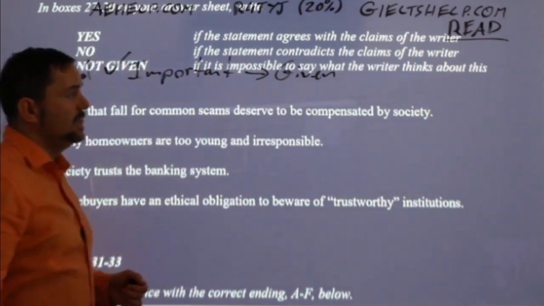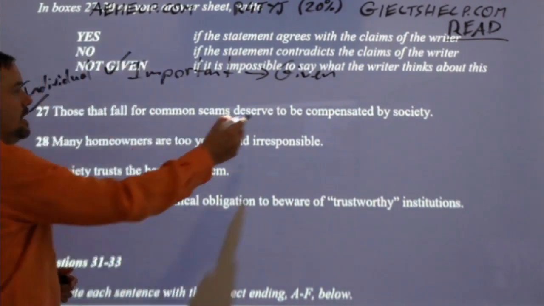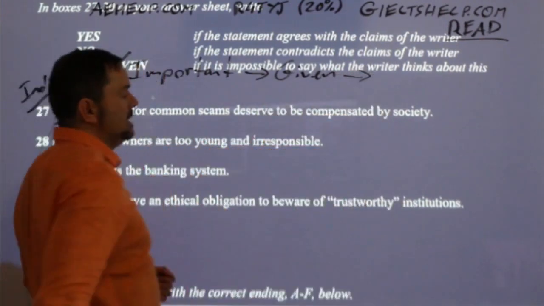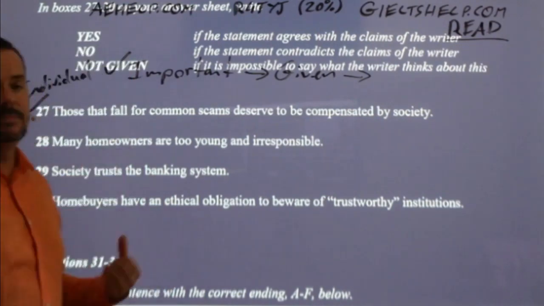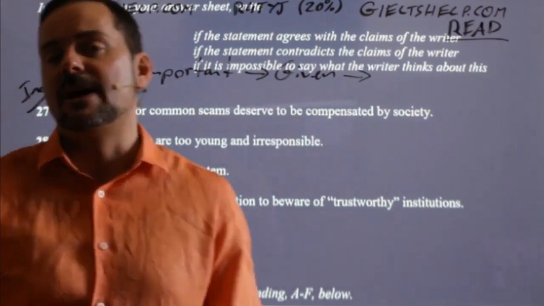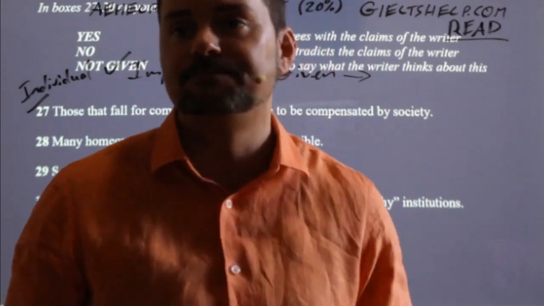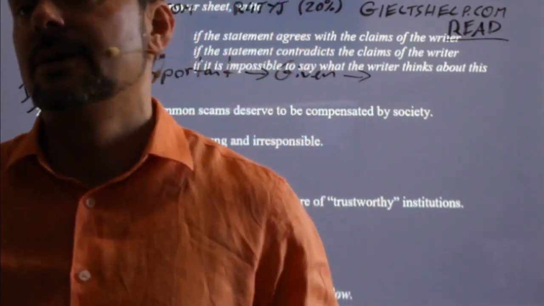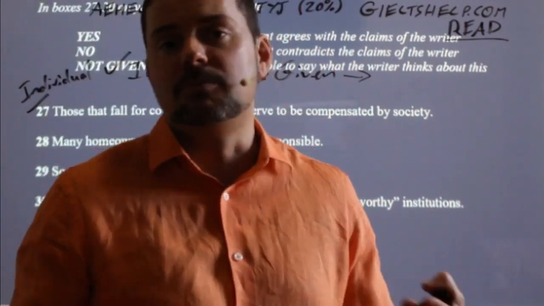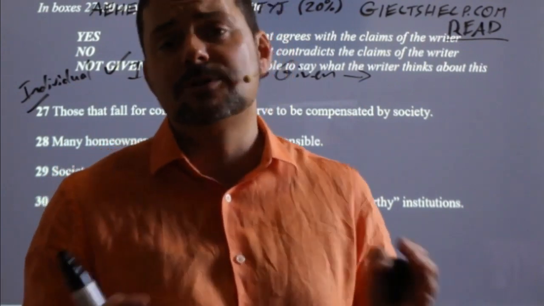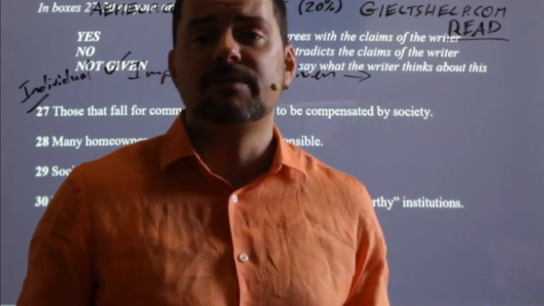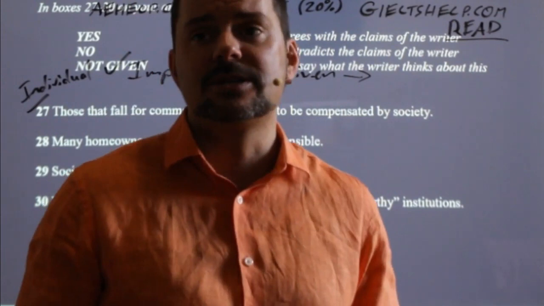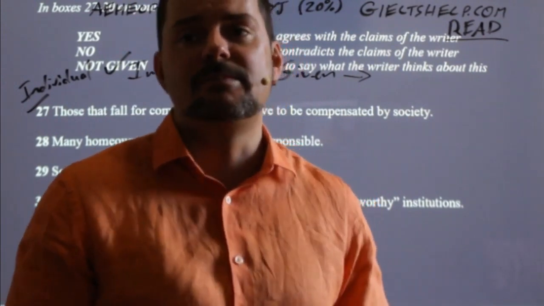Okay, and is it true? Is it true that people should be compensated? So society should give them help if they fall for a scam? Should the community or the government be like, oh, I'm so sorry that you lost some of your money because you didn't realize that was a scam. Here's some money for you back.